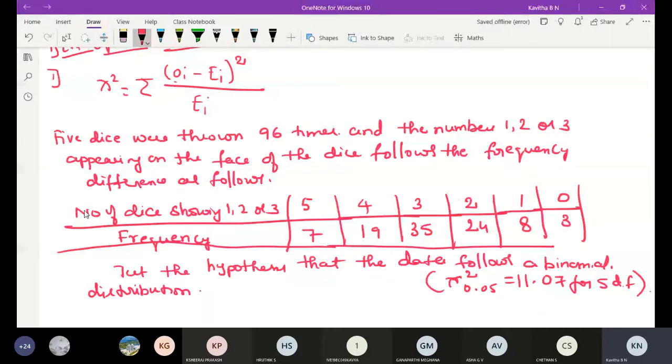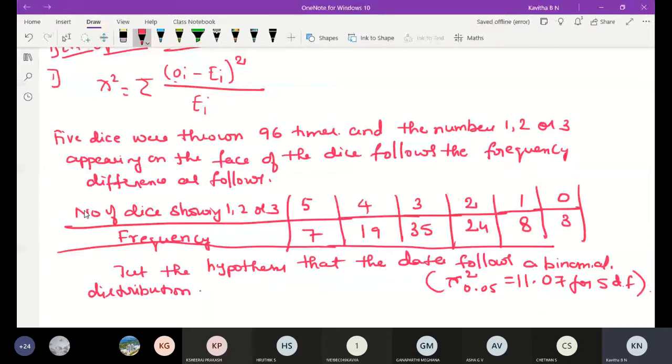Here, like tossing a coin, the probability of a single dice throwing 1, 2, 3, here small p.